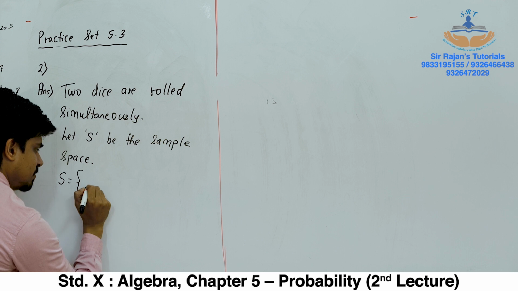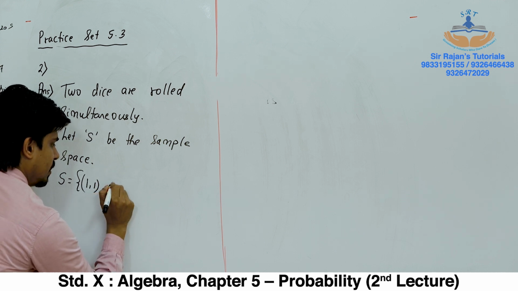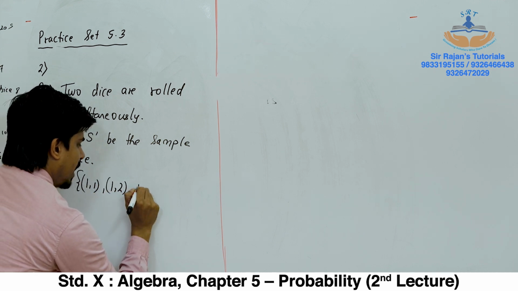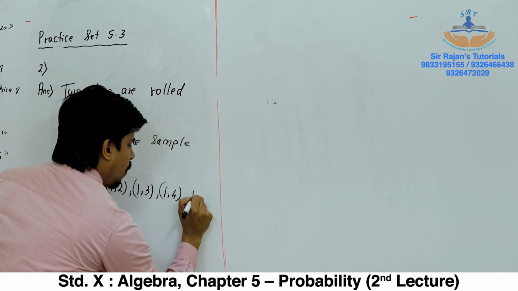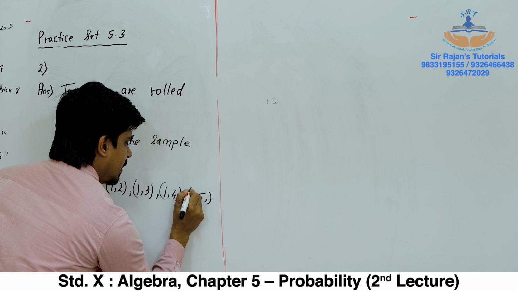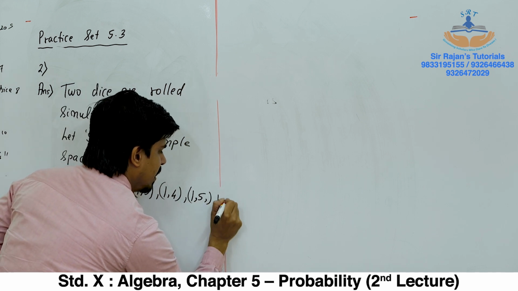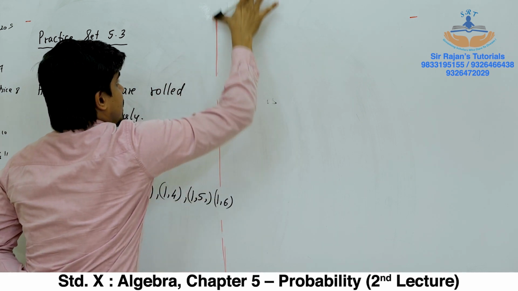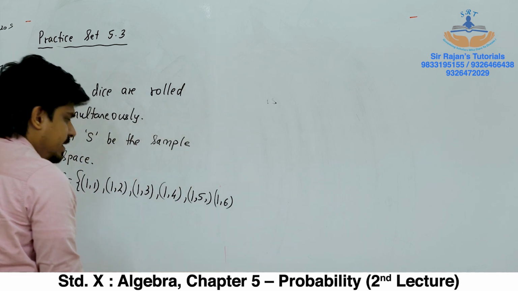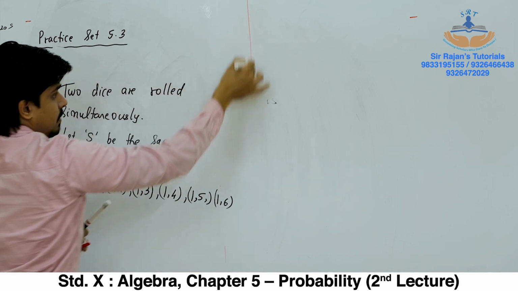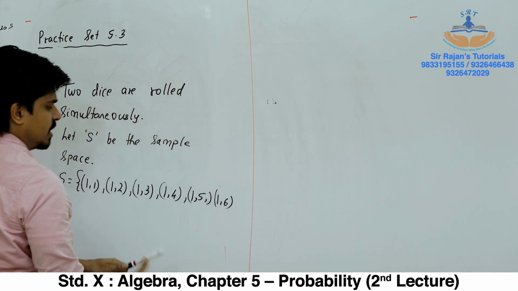So sample space में you will write 1,1, 1,2, 1,3, 1,4, 1,5. Preferably ये सब 1 के जितने भी कॉम्बिनेशंस है, write it on a single line, उसको next line पे लेके मत जाओ.